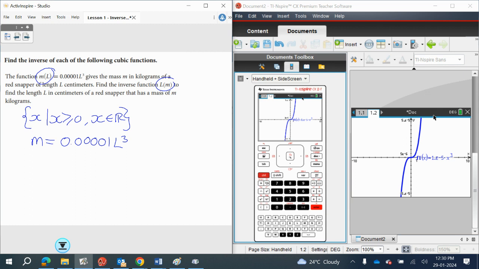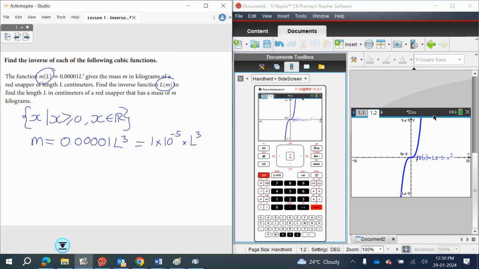To help us move it around, I'm going to write this one in standard form. So this is 1 times 10 to the minus 5 times L cubed. That's in standard form, isn't it? I have to move the decimal point 5 places to go from 1 to this number.